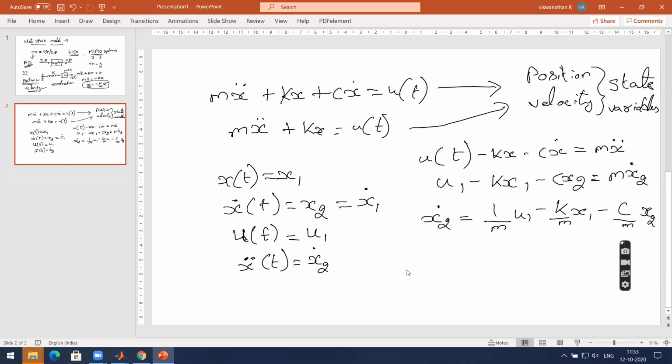Now what is x1 dot equal to? x1 dot is equal to x2. So now here u is there, x1 is there, x2 is there.